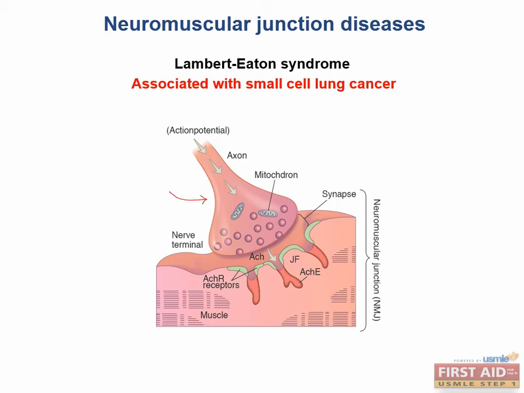But since they're impaired by the antibodies in Lambert-Eaton syndrome, only a small amount of calcium is able to enter the presynaptic neuron to allow for neurotransmitter release. What happens if not enough calcium is released? Then not enough neurotransmitter, acetylcholine, is released, and a weak contraction is elicited.